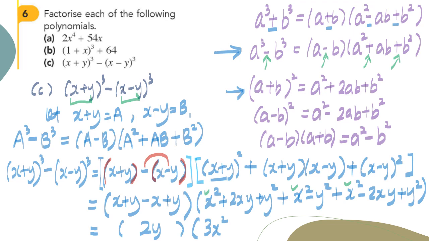Then the next term that I'm going to manage is 2xy. So 2xy minus 2xy gives you 0. Okay, and then I will have y squared minus y squared. That will give me 0. And then the last term is another y squared. So this will be your answer. Okay.